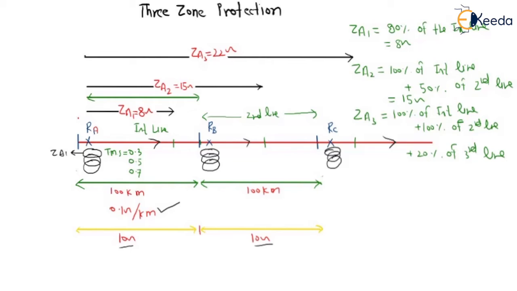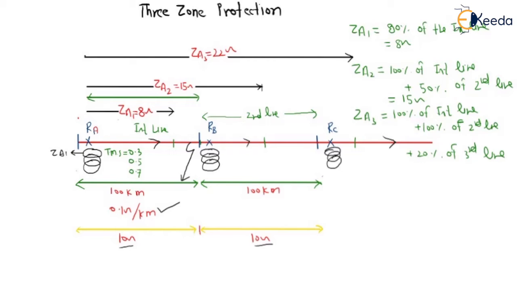So now what will you do? Let us assume we have a fault at this location. My question is, in this relay A, which disc will move properly? We will figure out that this is not in the reach of ZA1. It is in the reach of ZA2 and ZA3, of both.